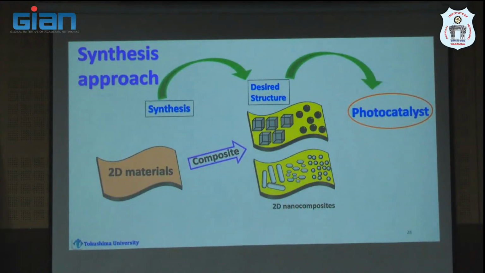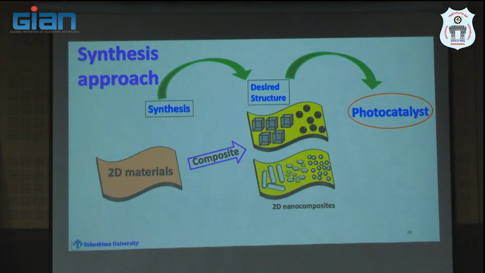To make the nanocomposite based on the two-dimensional material, we can create a composite material of two-dimensional carbon nanomaterials and metal. Together, we can make a two-dimensional nanocomposite with different surface morphology. It may be nanocube, spherical, nanorods, or various kinds of hexagonal shape.